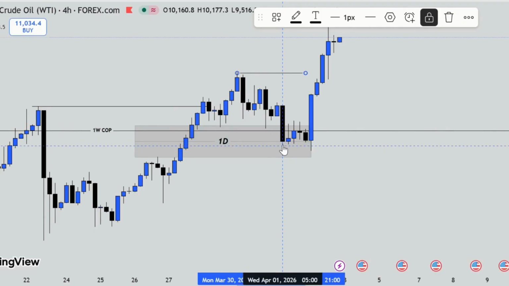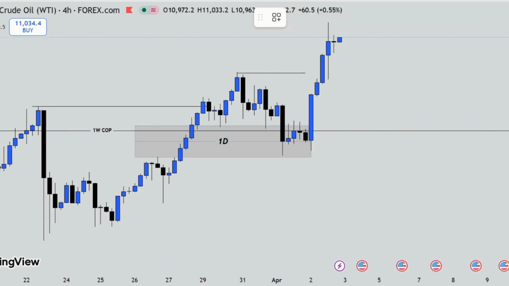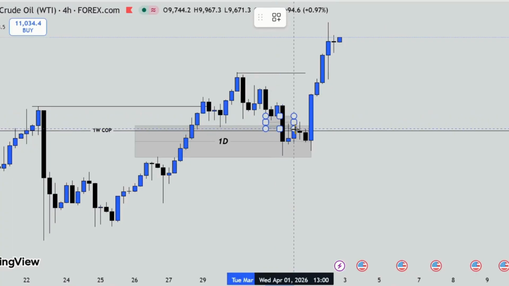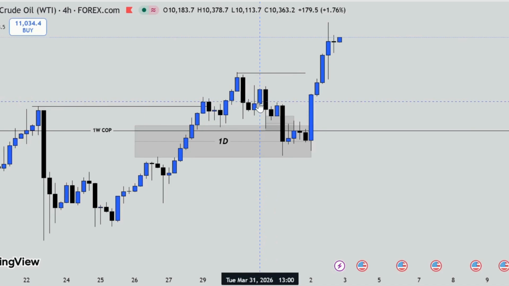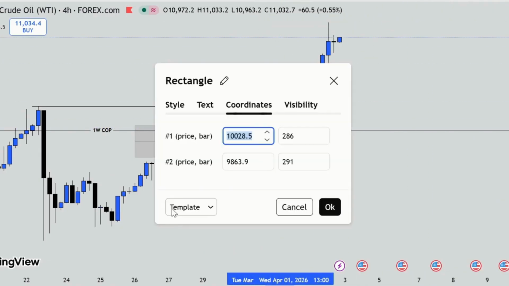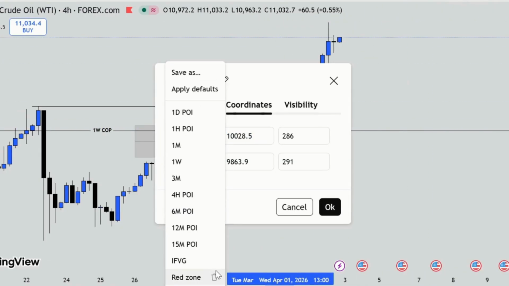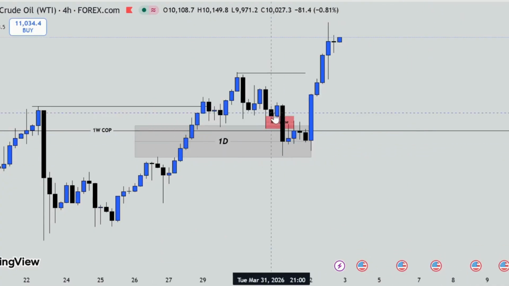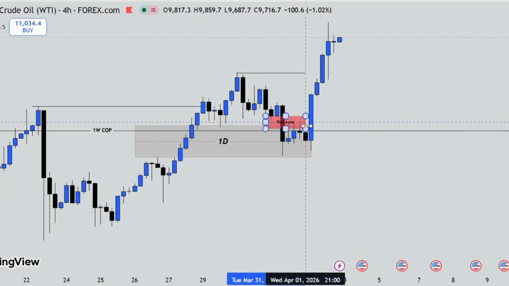So when it got there, when it broke this level, I was okay. Now we have a valid red zone, which is this support here. So what I was looking for, let's then change this to a red zone, was for the red zone to be disrespected on the 15 minutes time frame.